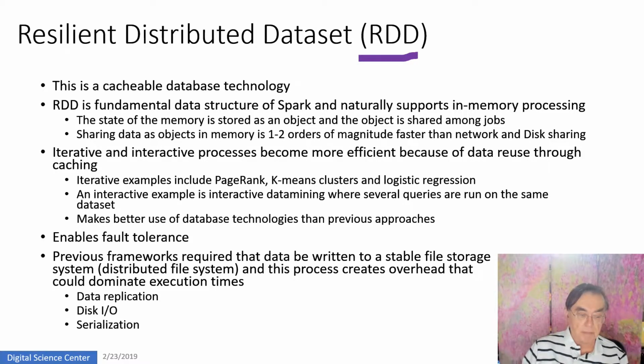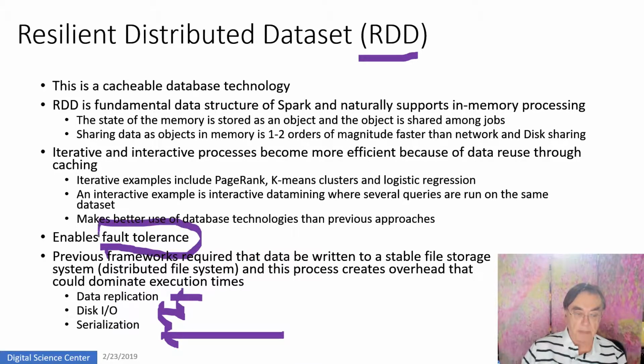And when you write to disk, you're replicating the data, you have to do the I/O, and you have to do the serialization. Spark avoids all of that. It still retains fault tolerance because it does write to disk every now and then. But it does the writing to disk in parallel to whatever else it's doing, so the disk is no longer such a bottleneck.